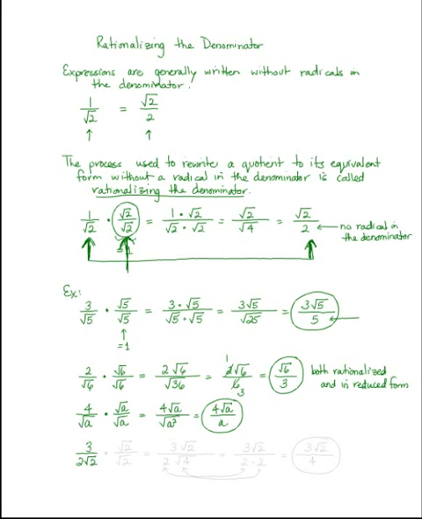The square root of 2 is what we're trying to remove from the denominator. So, just as before, we're going to multiply both the numerator and the denominator by the square root of 2. The 2 on the outside of the square root we're going to leave in our problem.